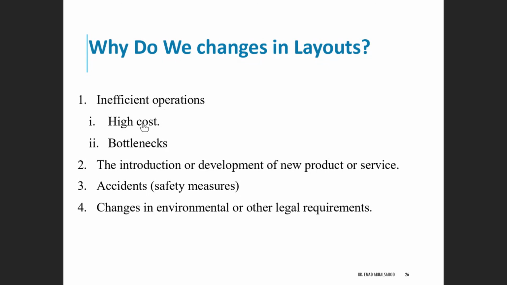High cost, waste time is high. Bottleneck, meaning you cannot produce the required quantity, or I have congestion in the production line. So I have to change my layout from one phase to another or combine the two. They depend on your situation.